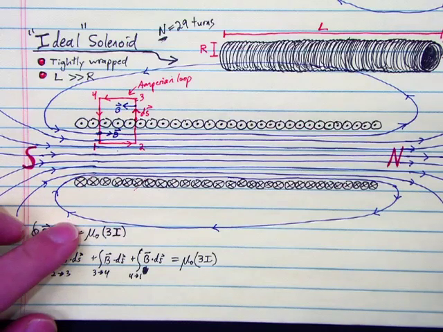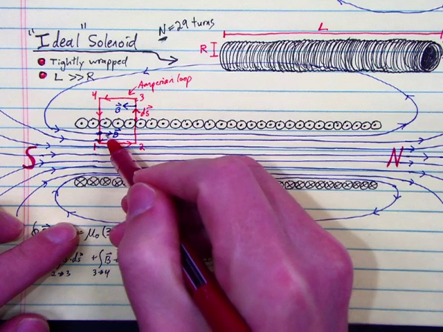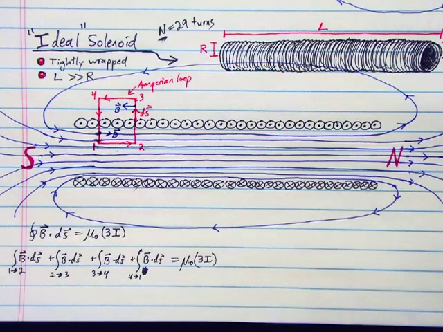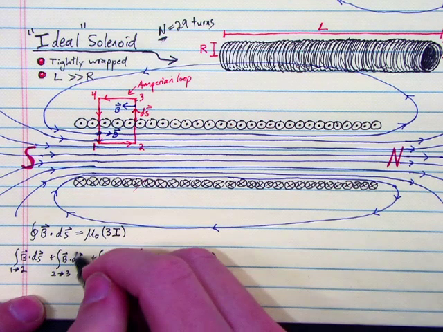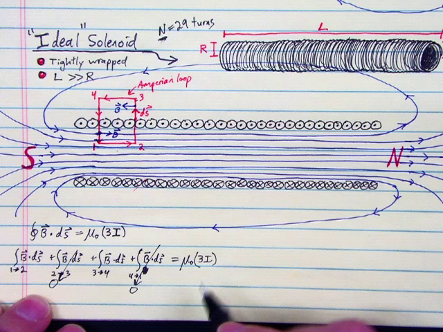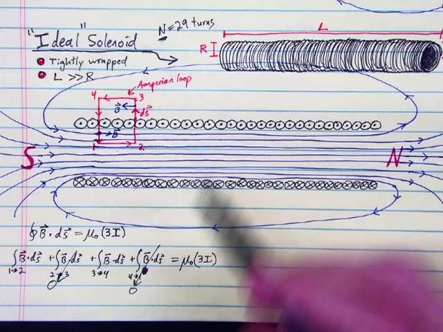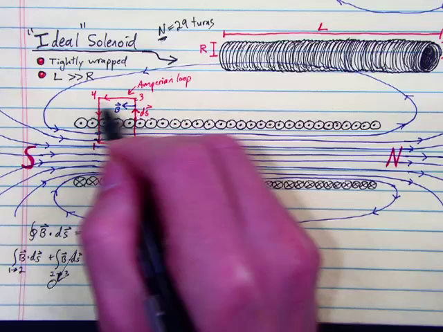So our B's and ds's are at right angles to each other along those two legs, in the limit that our solenoid is infinitely long. Hence, B dot ds should be 0 from 2 to 3 and from 4 to 1 in our ideal solenoid limit. Okay, so we're only really concerned about B dot ds from 1 to 2 and from 3 to 4.